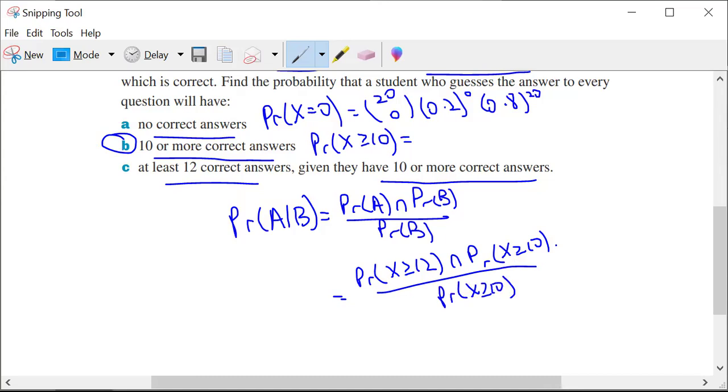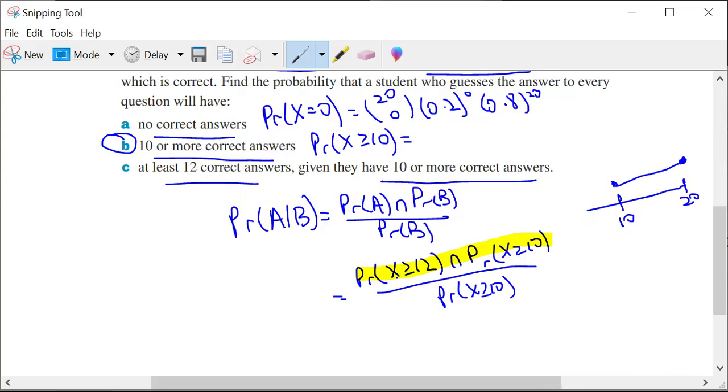Now, we need to simplify the top expression here, highlighted in yellow. How we do that is normally I just draw a number line. Our upper limit here is going to be 20 because there's 20 trials. Then we can start from 10. X bigger than or equal to 10 means it's a closed circle all the way to the end.